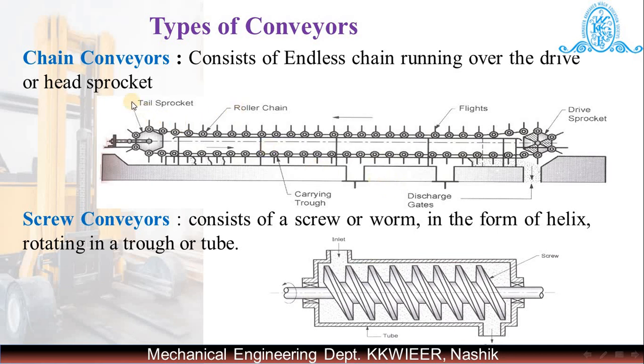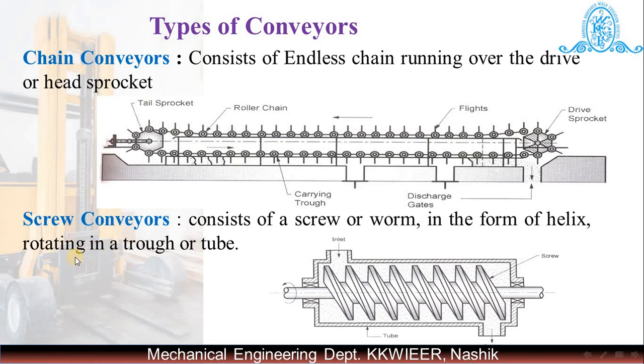So this is the belt conveyor. Then another type is the chain and screw type. Chain type conveyors consist of a chain and sprocket mechanism. For that, different cleaning systems and discharge systems are used. Its working is similar to belt conveyors, simply using chain drives instead of belts. It will be used most probably in the automobile industries.